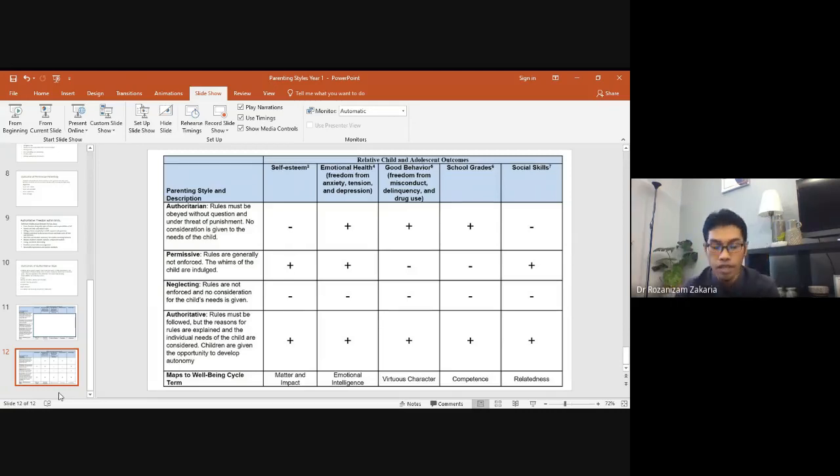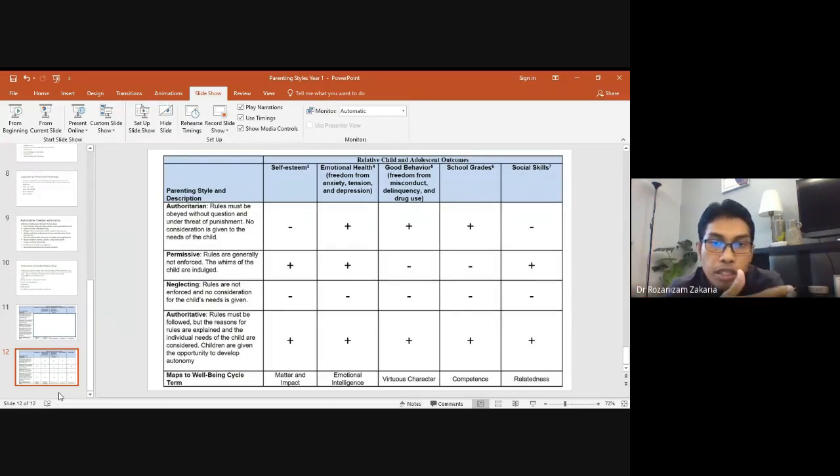For example, if you have an essay question: write an essay on the different outcomes of different parenting styles. You have to give an introduction, and maybe you can write down the definition of parenting style.